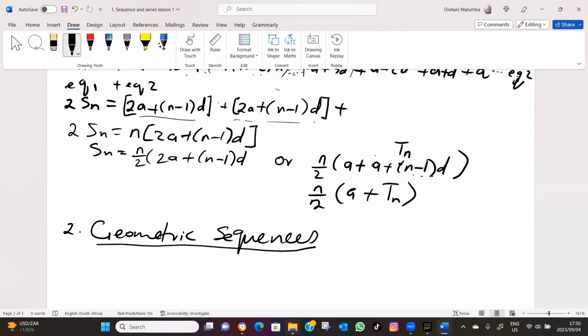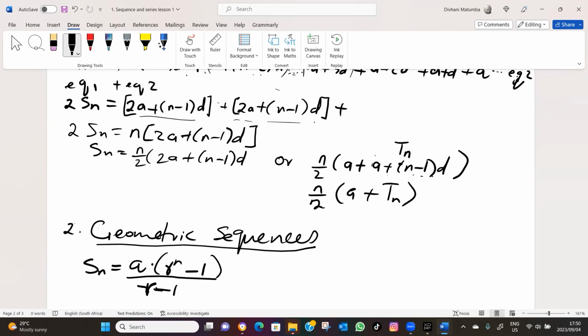Which is simply Sn is given by a into r to the power of n minus 1. I don't want to derive this one. It's a bit complex, but if you want me to derive it for you, I can do it.